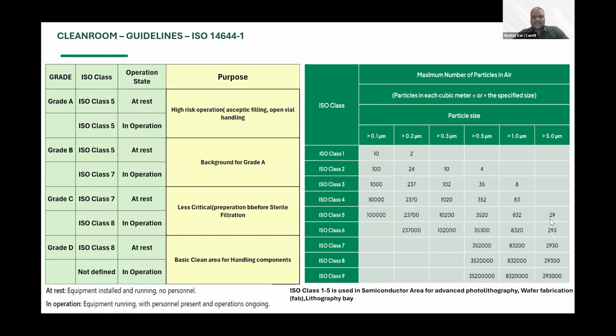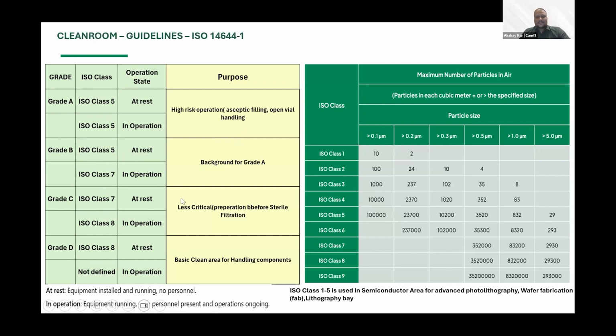When we design any clean room specifically for the pharmaceutical industry, the actual purpose is to define it into different sections. One is the grade A area, which is a high risk operation area, generally aseptic filling or open vial handling. Then the background to that grade A area is the second area, called grade B, where at rest the classification should be ISO class 5.